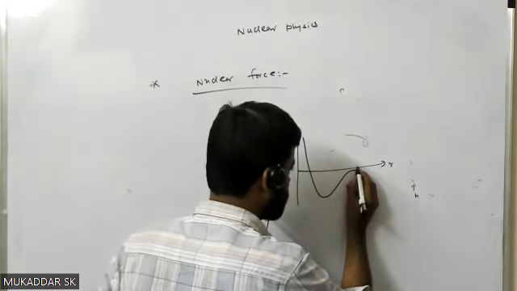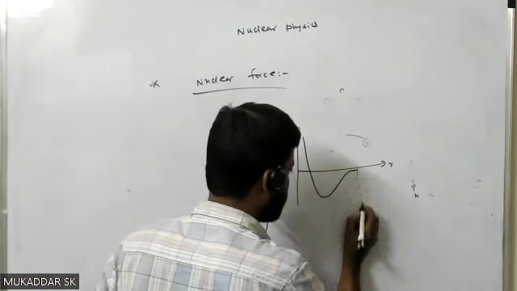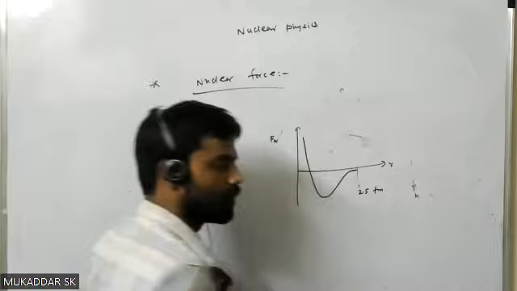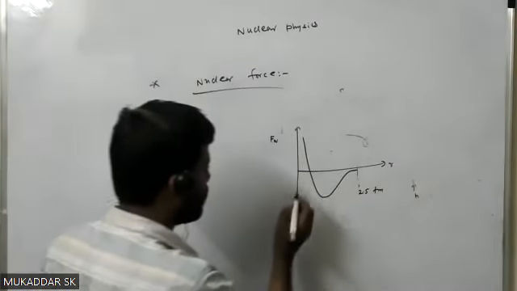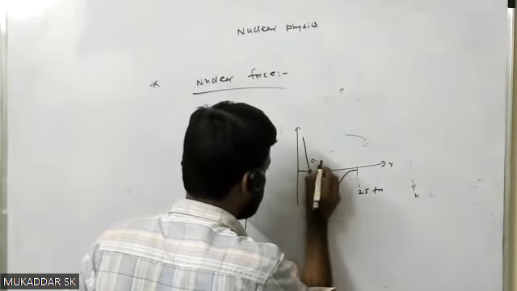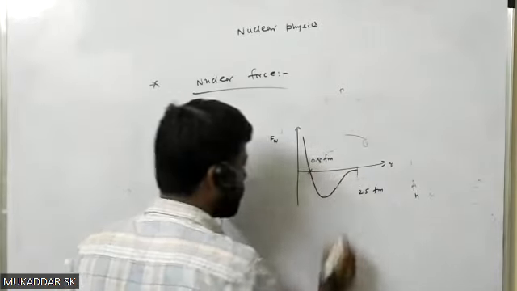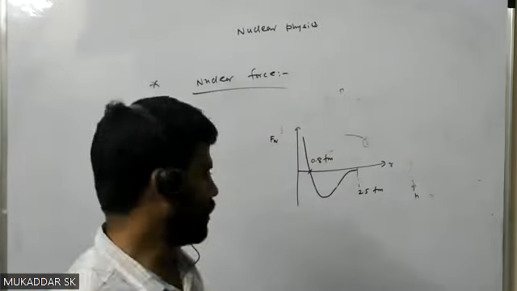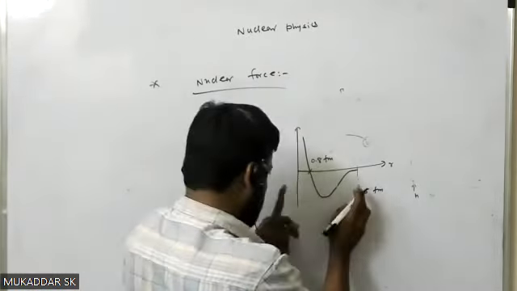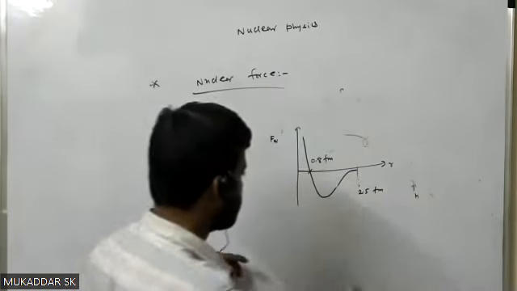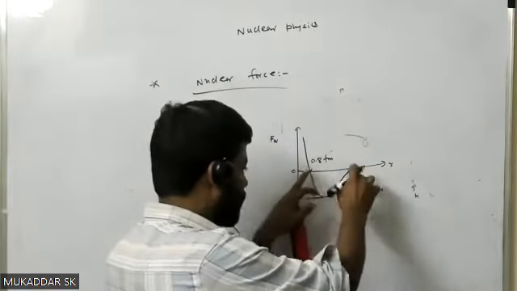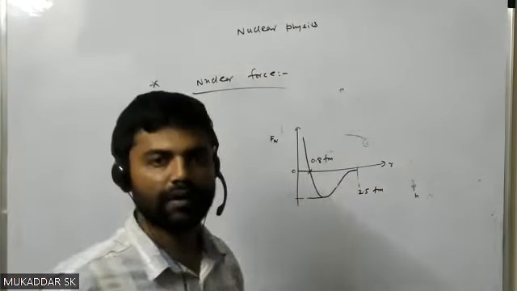This nuclear force is negligible if two nucleons have separation larger than 2.5 femtometer, and this force becomes repulsive if two nucleons are at a distance of less than 0.8 femtometer. In between 0.8 to 2.5, this side you have a negative value. This is 0. In between, nuclear force is negative, meaning attracting.